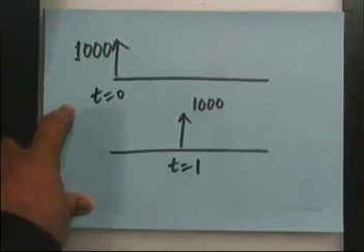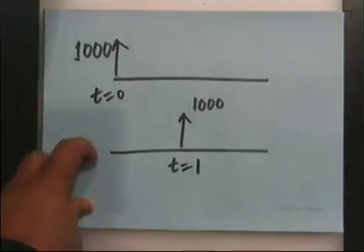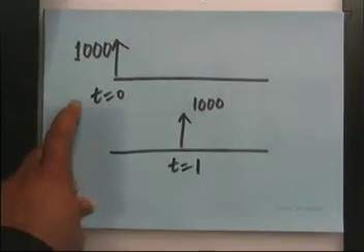Suppose I am interested in finding how much money I am getting at the end of year 1 or how much money I am getting at the end of time t is equal to 0.